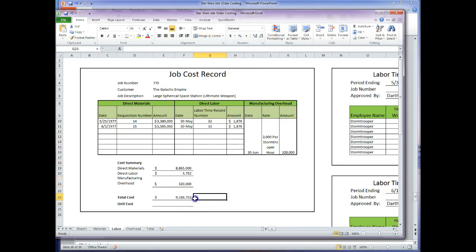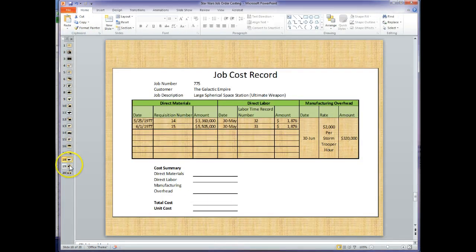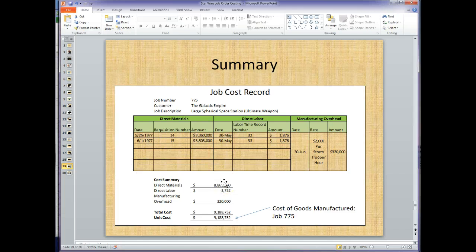And then your unit costs, we take that and we divide it by the number of Death Stars produced on this job. Again, if we're talking PCs, that might be for 1 million computers, but really we're doing this with 1 Death Star, so piece of cake. And then your job cost record looks like this, and that becomes your cost of goods manufactured for job number 775. So just a little over $9 million to create that first Death Star.